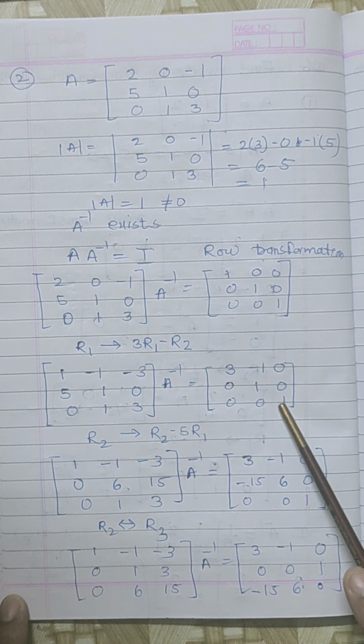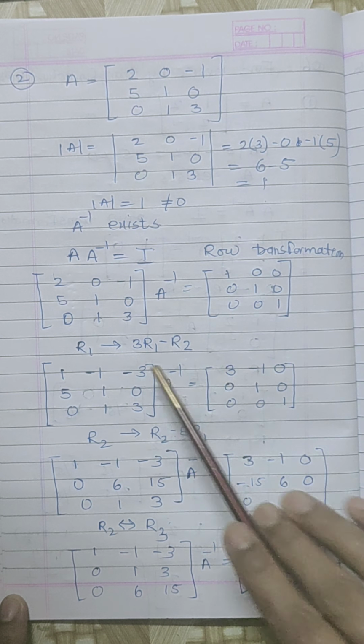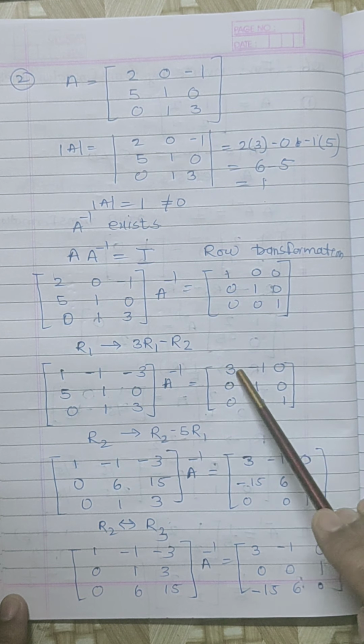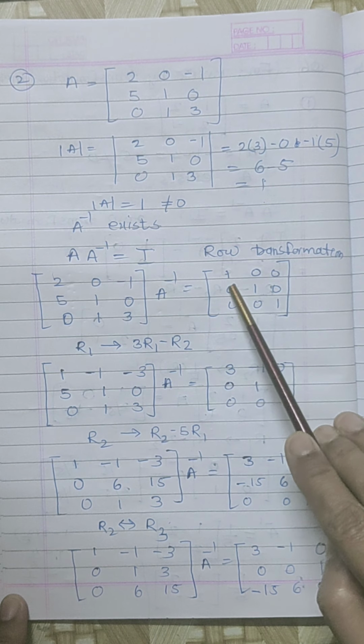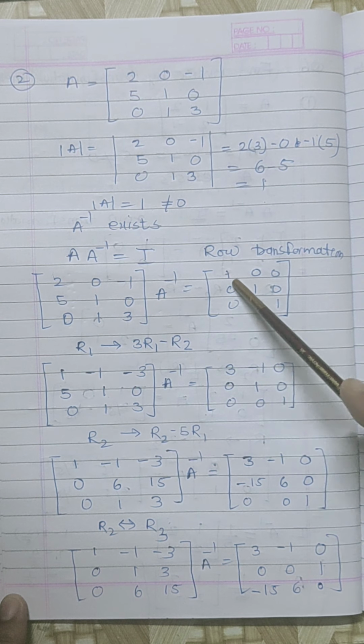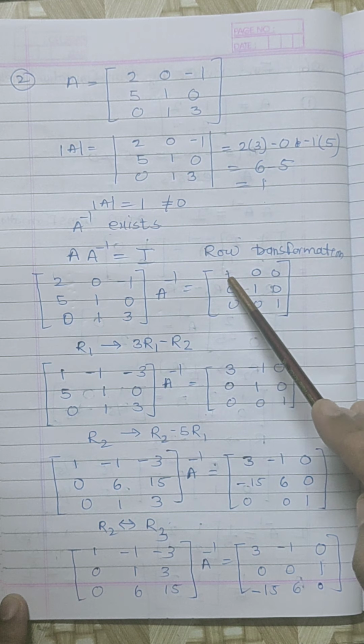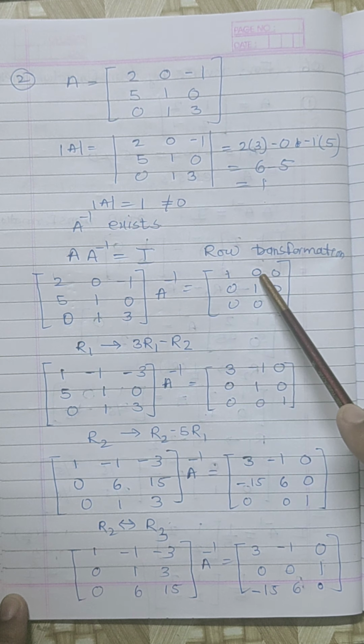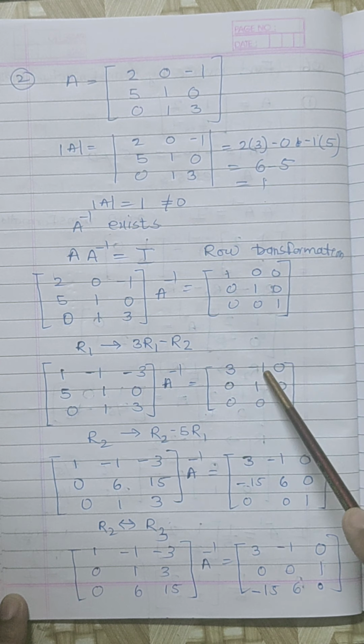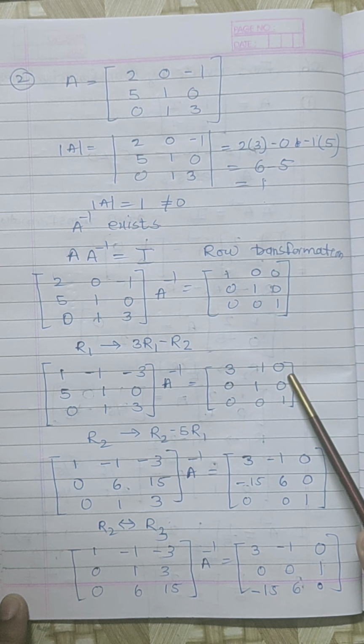Same transformation you have to carry out to the right hand side. That is 3R1 minus R2. So 3 into 1, 3. 3R1 minus R2. This is 0 and is minus 1. And it will become 0 only.